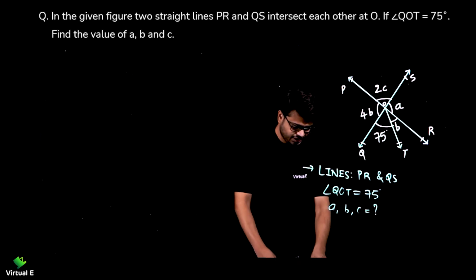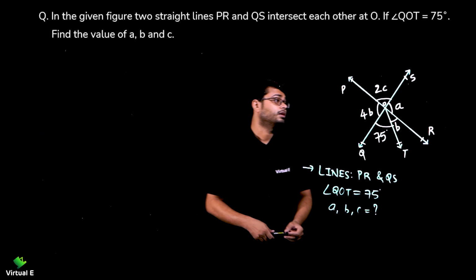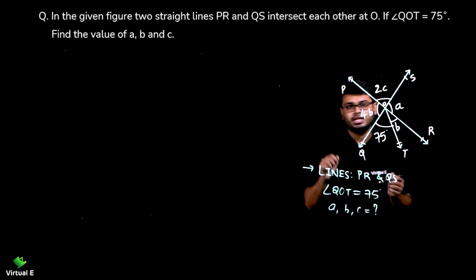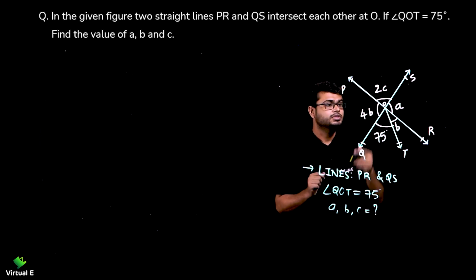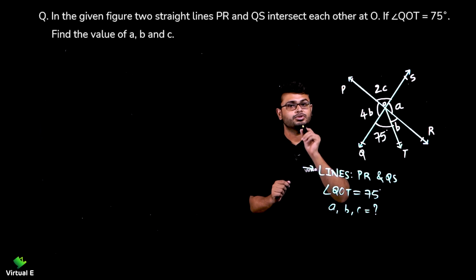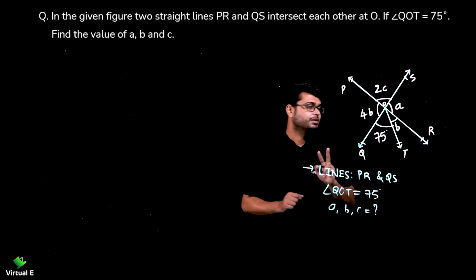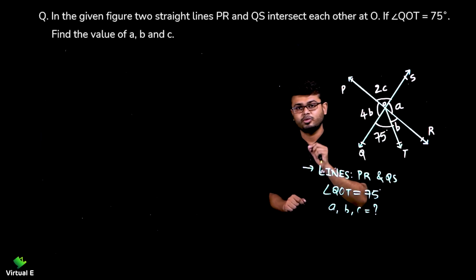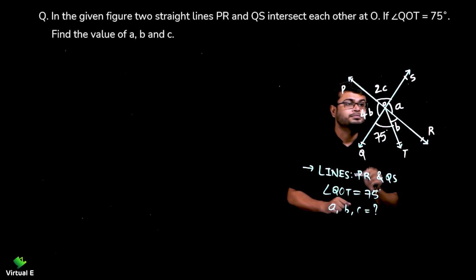So how shall we start, right? Now, if we want to use the vertically opposite angle, we can use that as well. It will work out. Now remember, when you talk about the vertically opposite angle, it should always be between two straight lines, right? So we have QS and PR. Those angles we can take as the vertically opposite angles, not any random ones, right?